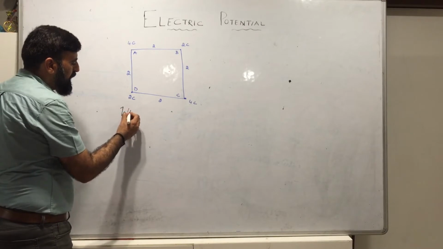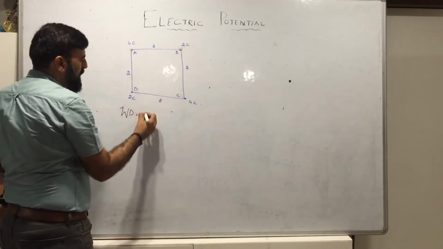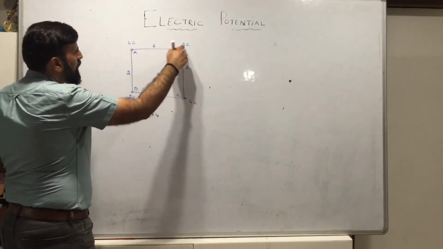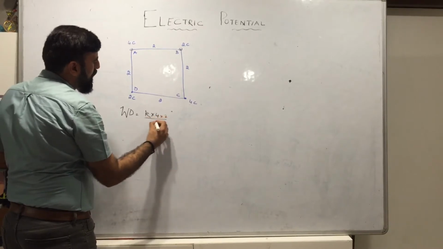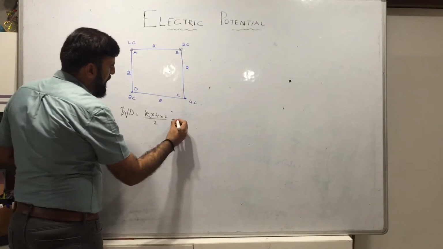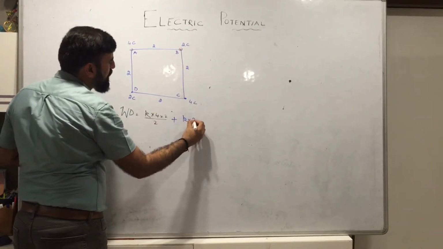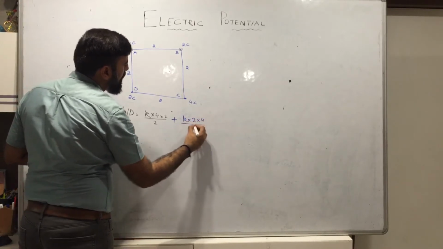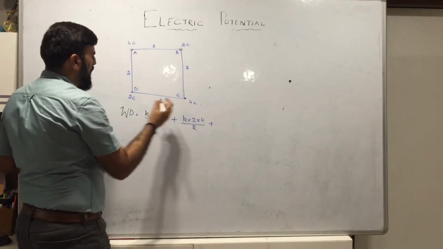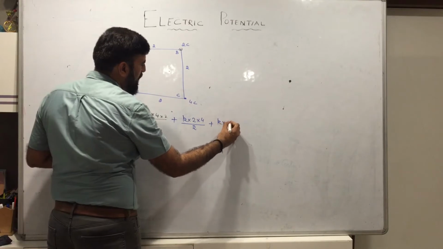So work done is equal to, I'll take this charge and this charge first, k into 4 into 2 upon 2. Plus, you add the potential energy between 2 coulomb and 4 coulomb, k into 2 into 4 upon 2, plus, let me take this negative, just to introduce a negative term, k into 4 into minus 2 upon 2.